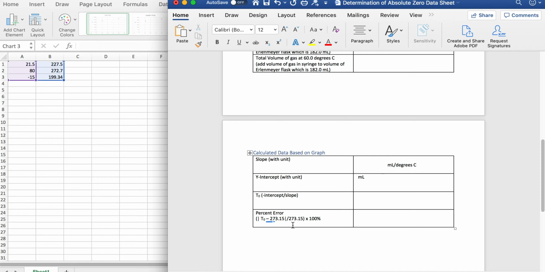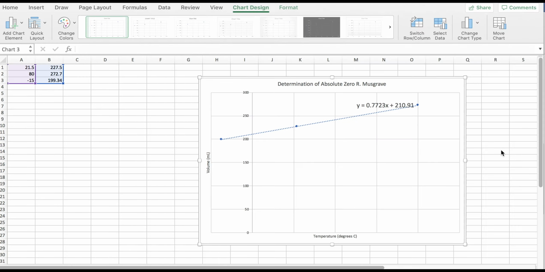So you take that value, divide it by 273.15, and then multiply it by 100%. That'll give you your percent error. That tells you how close you were to the actual value of absolute zero, which is negative 273.15.